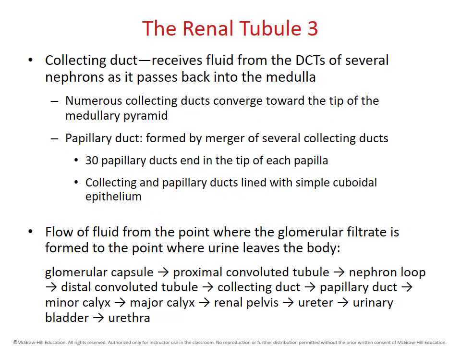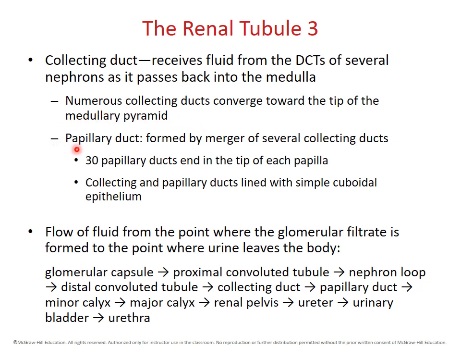And so the collecting ducts, again, are going to run essentially vertically between cortex and medulla. So fluid is picked up from many distal convoluted tubules, and the collecting ducts are then going to carry that filtrate towards the medulla, down into the medullary pyramid, and towards the apex of the medullary pyramids, terminating as those little openings called papillae.